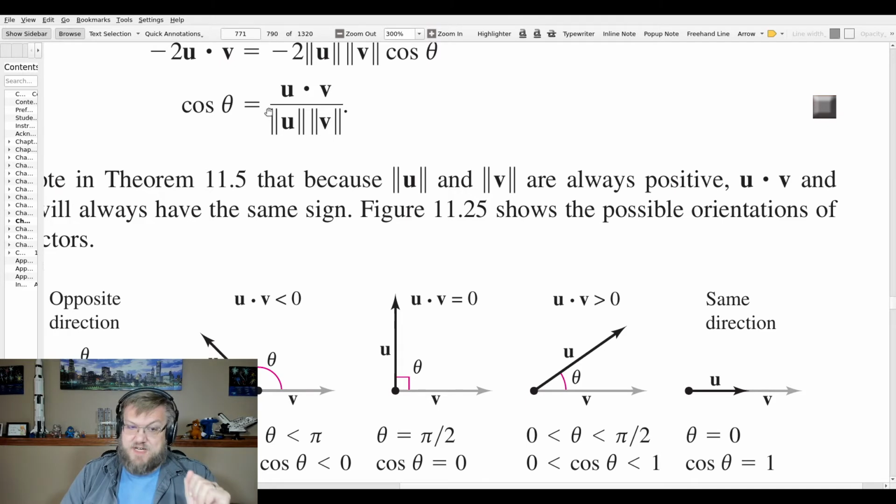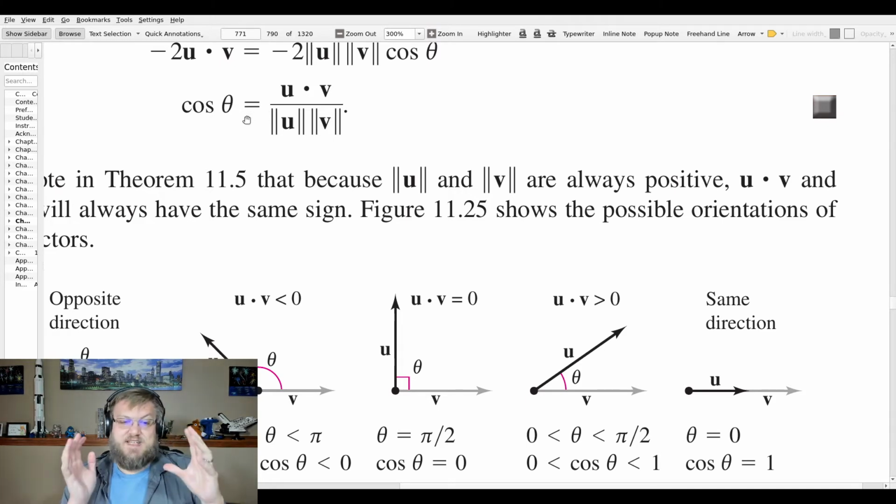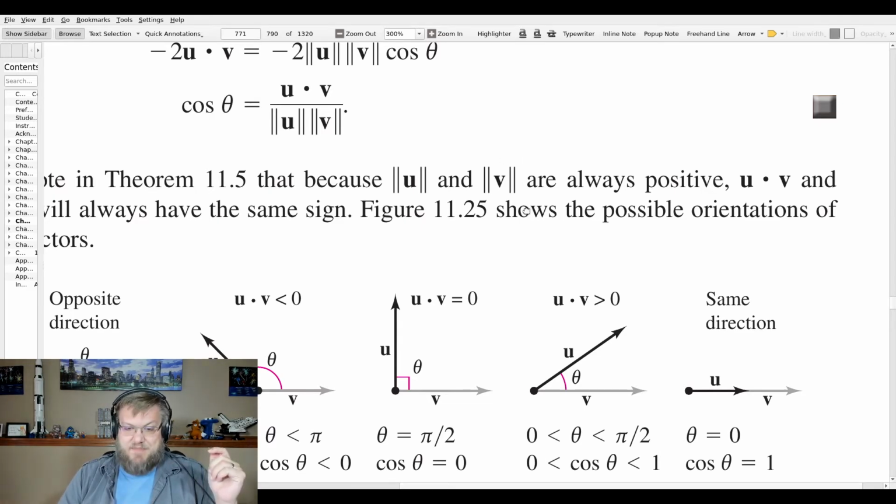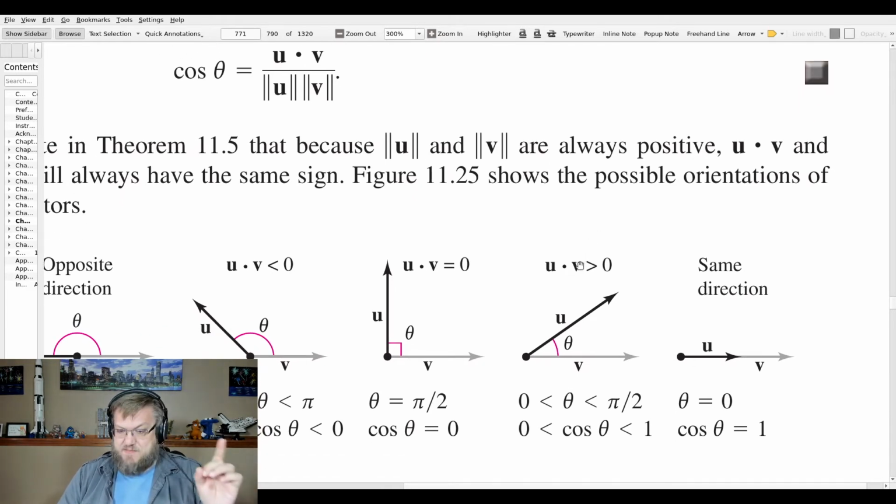And you might remember from trig class, if the cosine of theta is positive, that means the angle lives in the first quadrant. Cosine is positive in the first quadrant. And so guess what? That means if the dot product is positive, that means cosine of theta is positive, which in fact then means that theta is an acute angle.